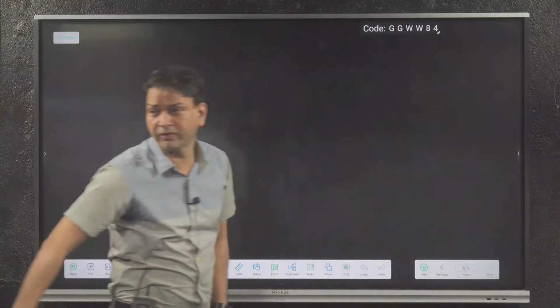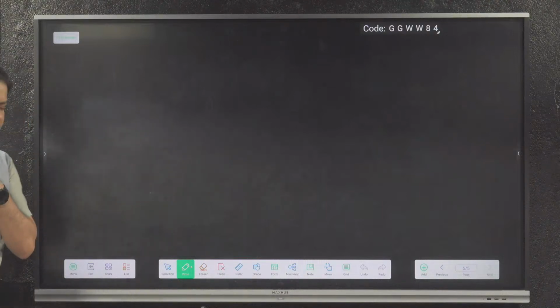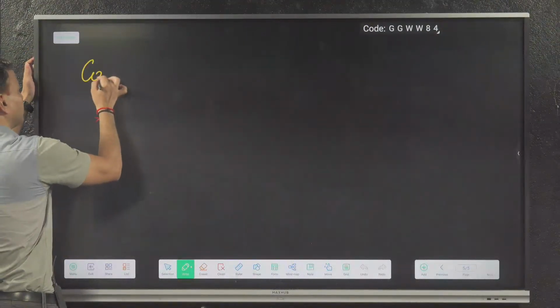This maximum minimum value you have to remember. Same like sin theta, we will have the maximum minimum values in cos theta also. So now what is the formula of cos theta?